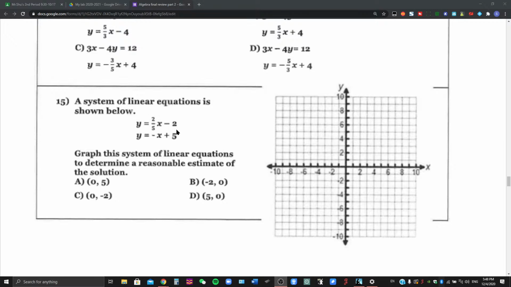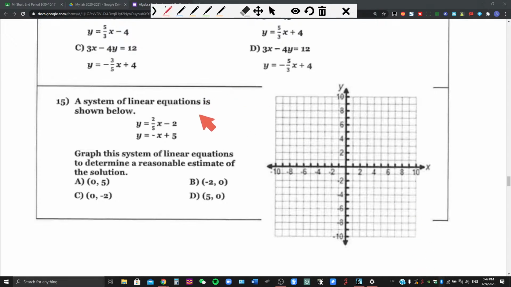Graph this system of linear equations to determine a reasonable estimate of the solution. Okay, so basically you can graph them on the TI calculator, on TI Inspire, and trace to the intersection that will give you the solution.